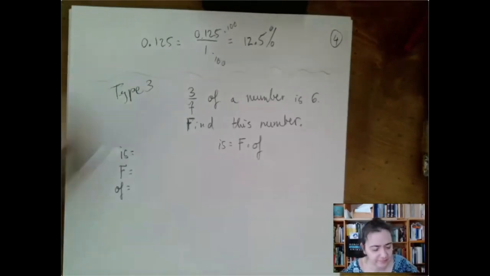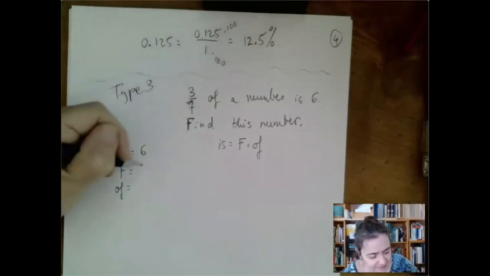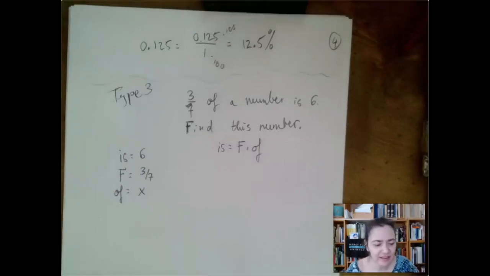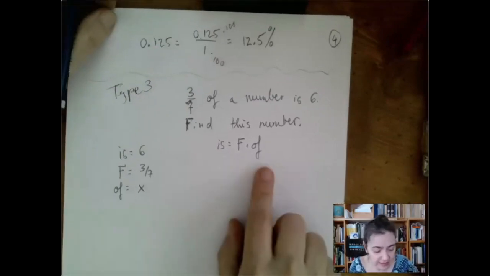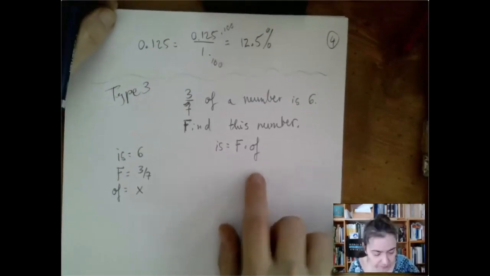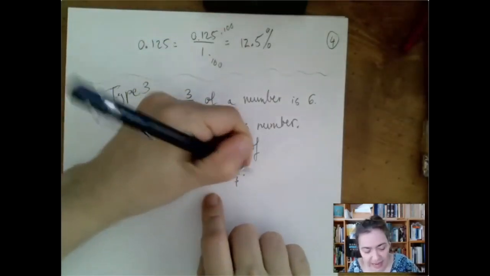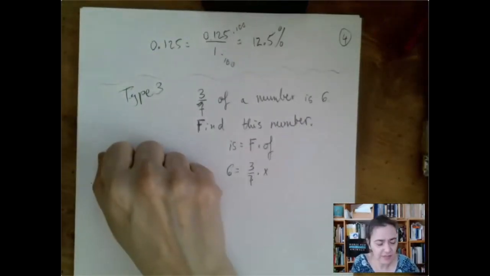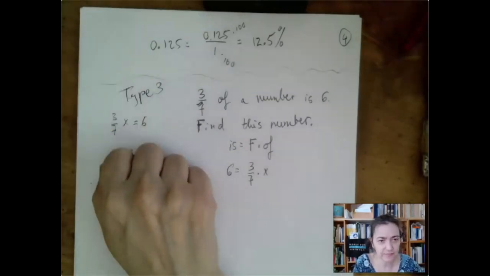Is is 6. 3/7 is the fraction. And then of is x. Usually two are easily identifiable, especially the fraction, right? So we rewrite this. We're going to say 6 is 3/7 times x. And eventually you're not going to need this table, but you're going to say something like this: once upon a time there was a number x, and when we took its 3/7, we got 6.